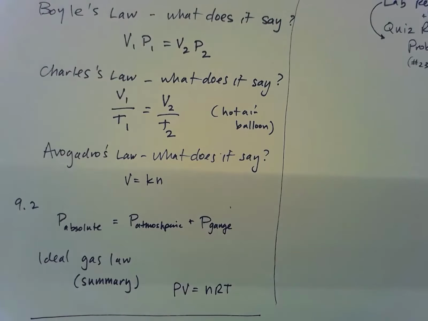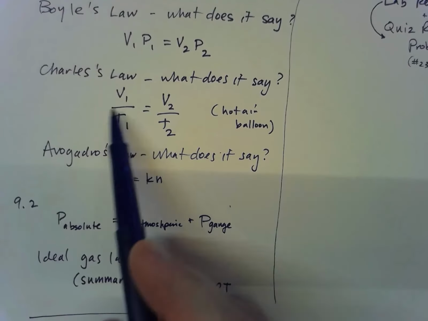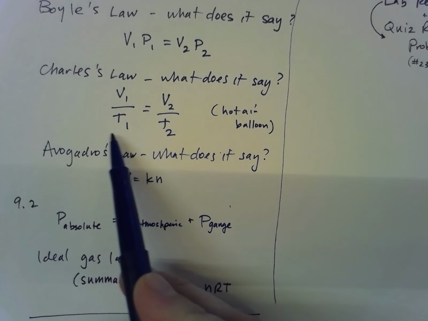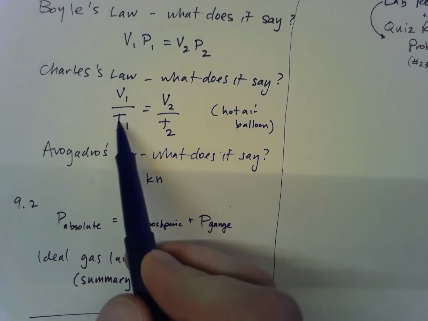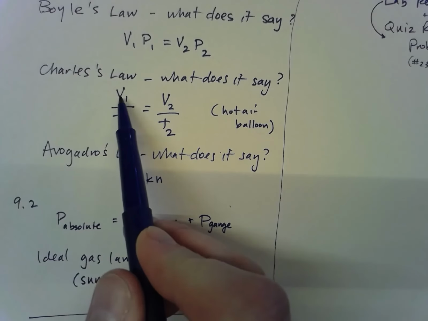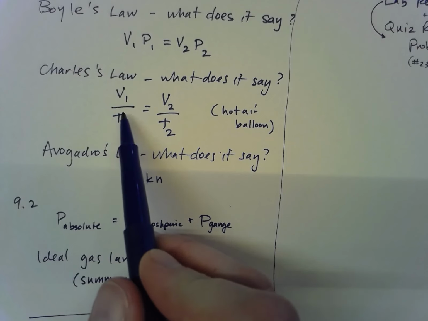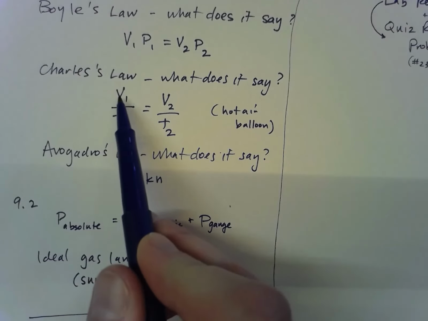Okay, all right, and this is where you add kinetic energy in the form of heat to a gas. It's going to increase that volume. So you crank up the flame on the hot air balloon and it fills it up.